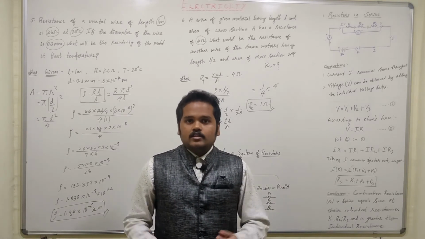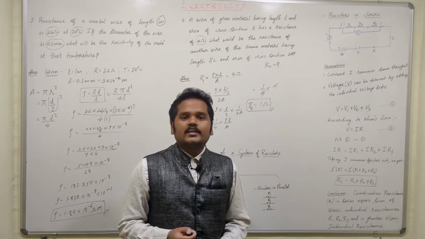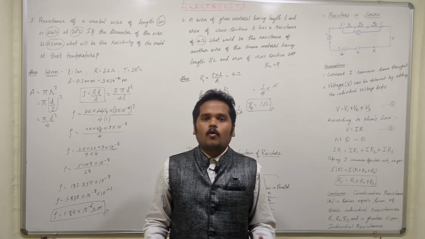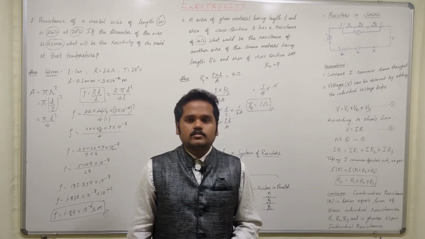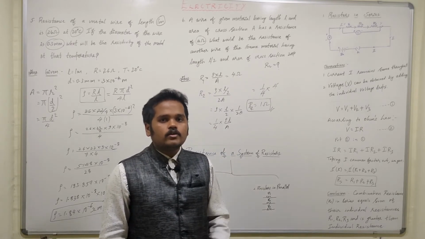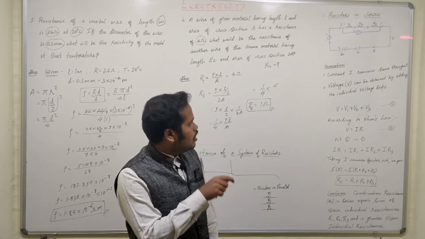And it is obvious that RS is always greater than R1 and R2 and R3. The combinational resistance is always greater than the individual resistance. So what do we conclude from this entire derivation?